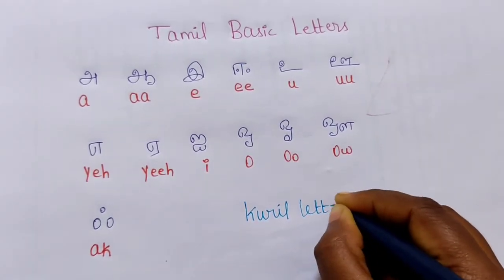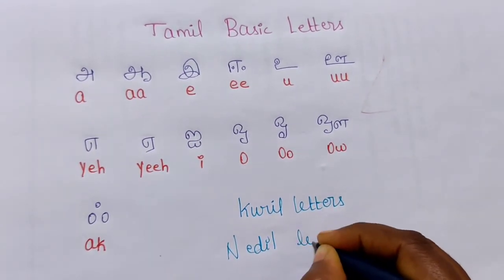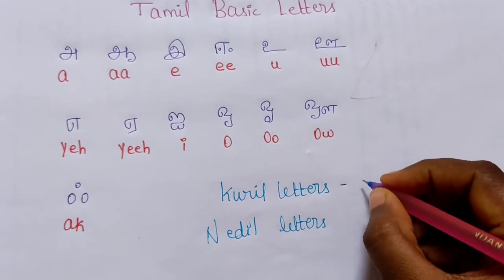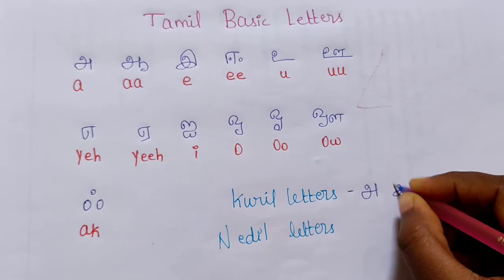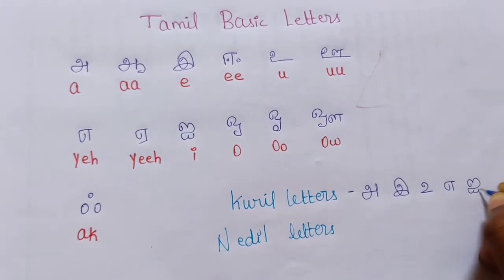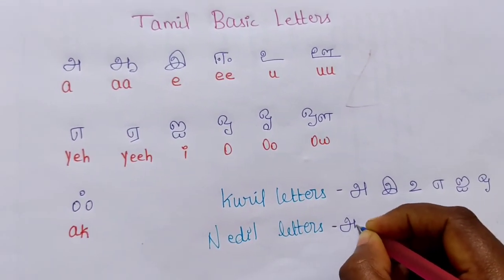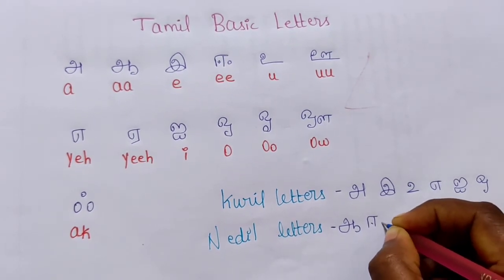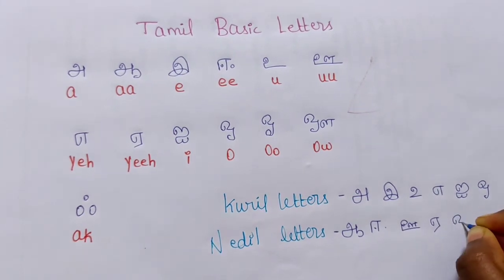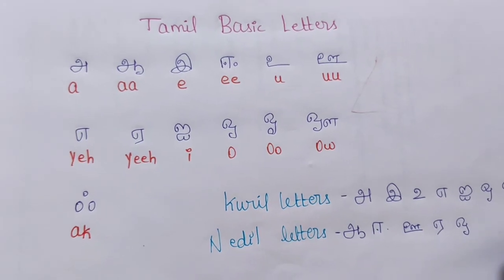The Kuril letters are A, E, U, E, I and then O. The Nedil letters are A, E, U, A, O. And then the Au comes in Kuril letter.